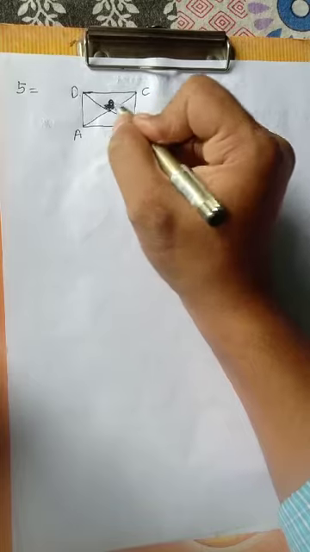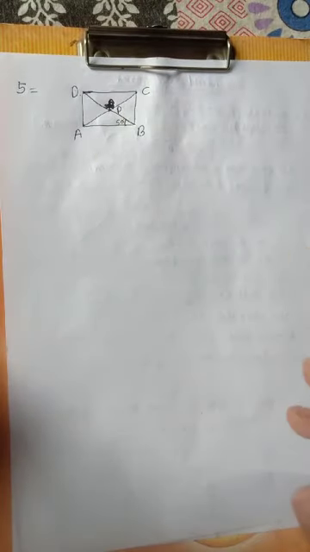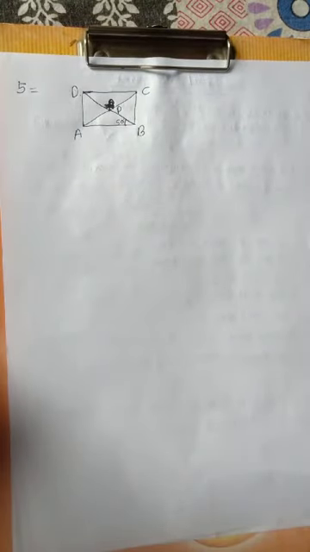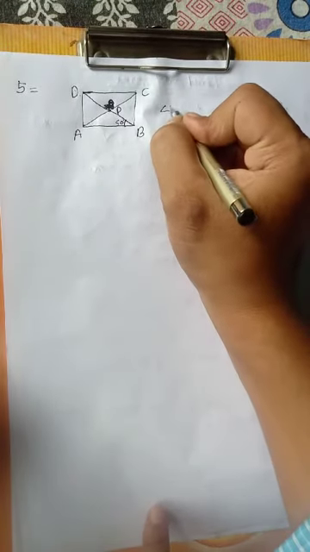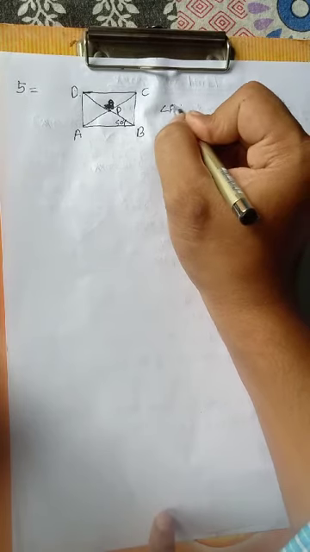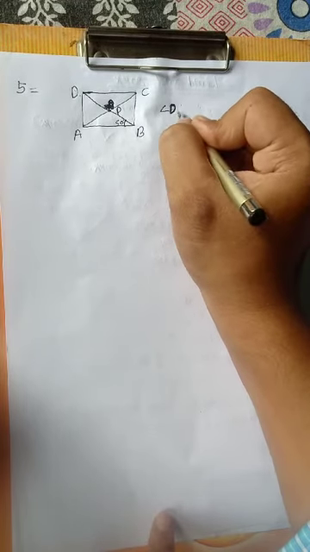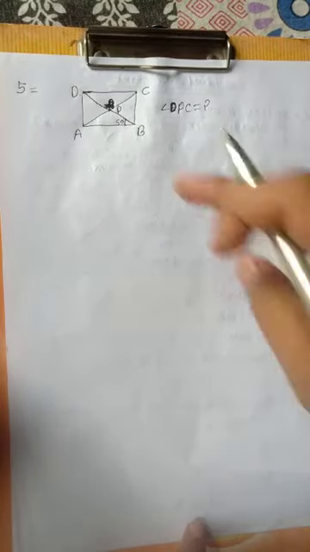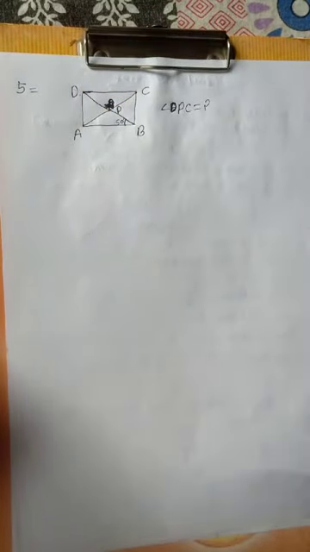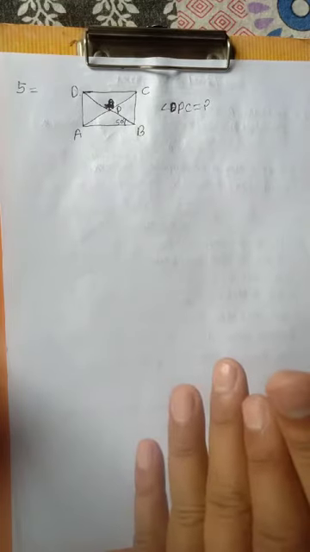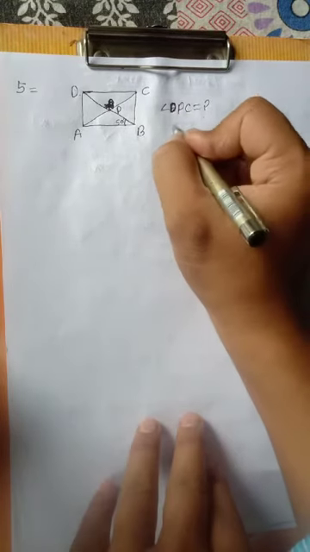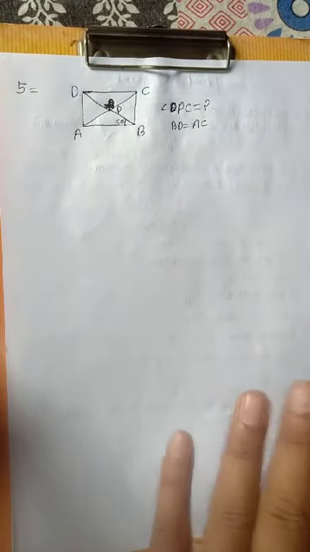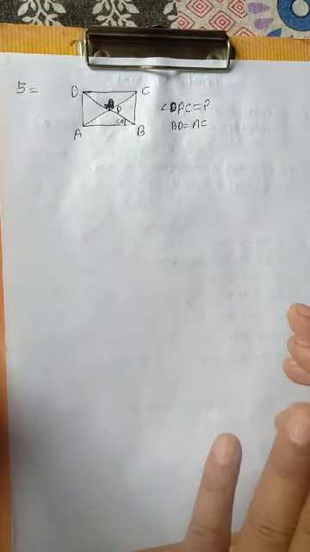It is given that ABCD is a rectangle, so we use the property of a rectangle. We have to find angle DPC equals how much? We know that the diagonals of a rectangle are equal, BD equals AC. That is the property of a rectangle.